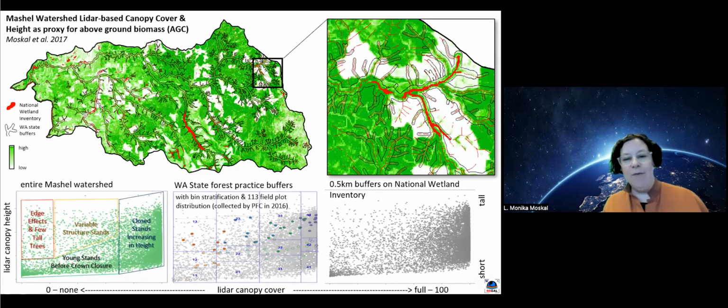Other things that we've been looking at from LiDAR. So using height as a proxy for above ground biomass is a common practice. We've started to look at utilizing structural metrics out of LiDAR to develop biomass estimation for above ground carbon determination.